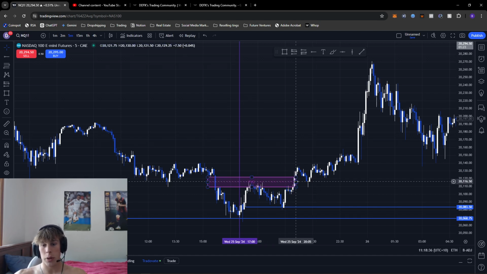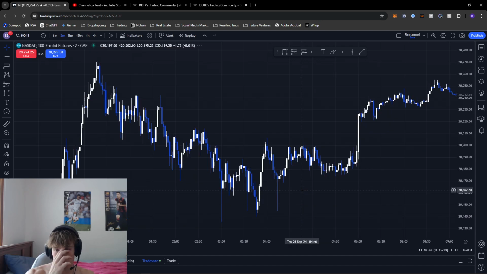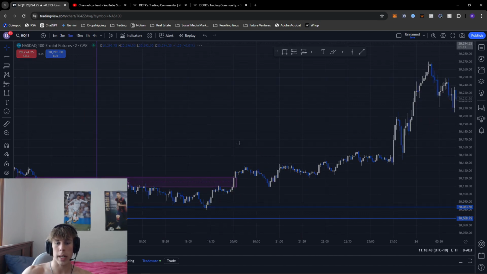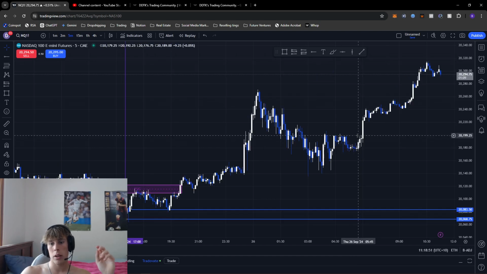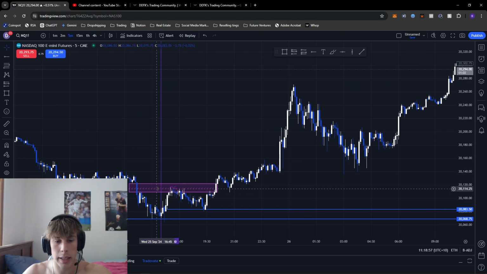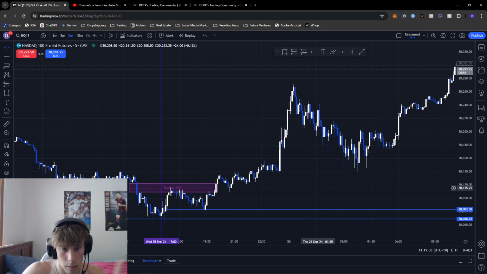It inverses it really well, and I know it's an inverse because it's a strong movement, one 5-minute or a couple of 5-minute candles that just pump through. For this bearish fair value gap, it is now a bullish inverse fair value gap.